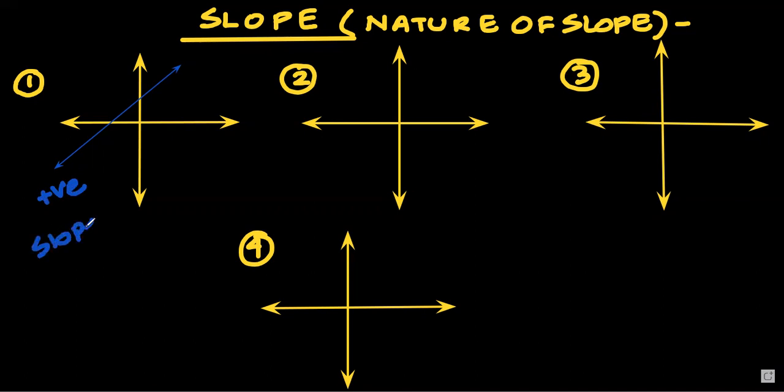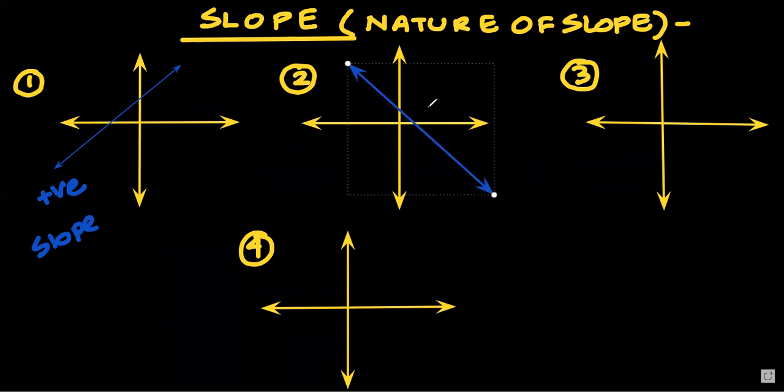Okay. All the curves which look like this, on the opposite quadrants, should have negative slope. They have negative slopes.